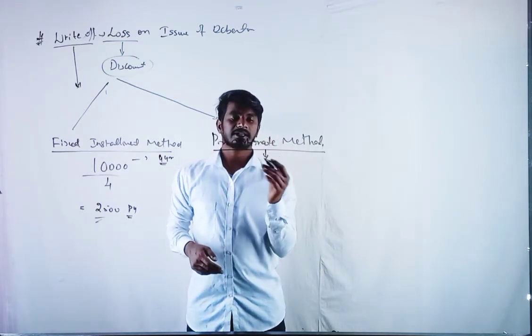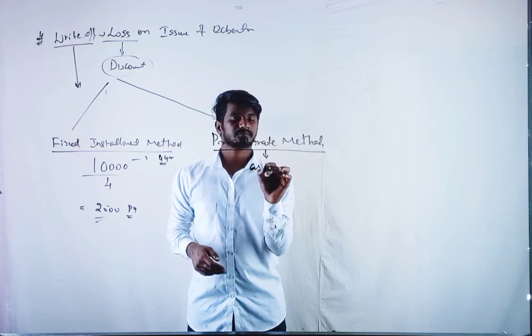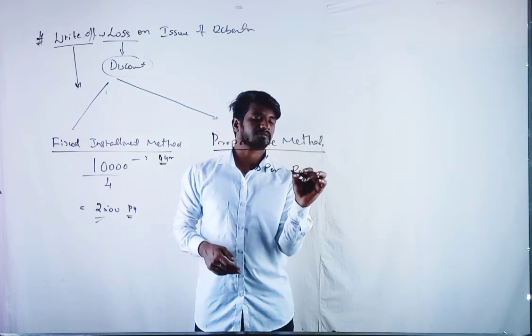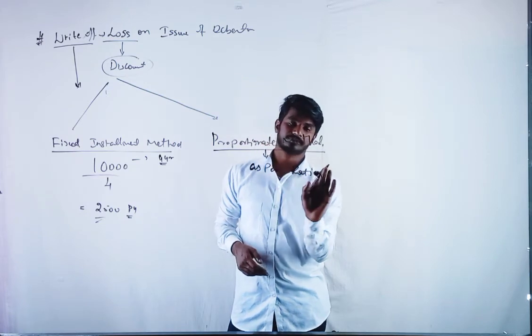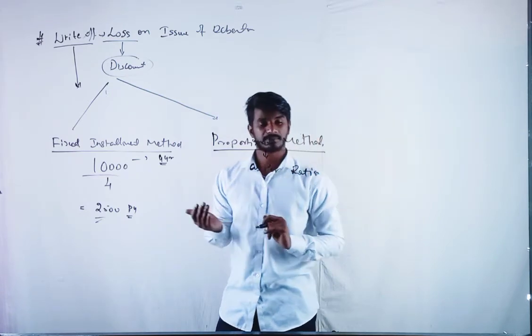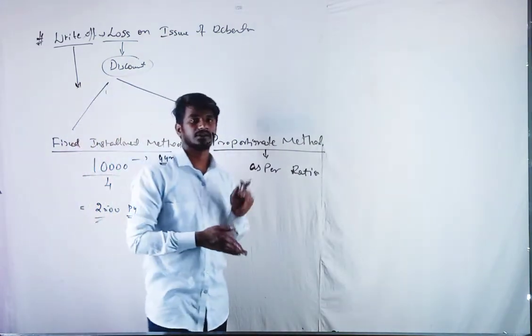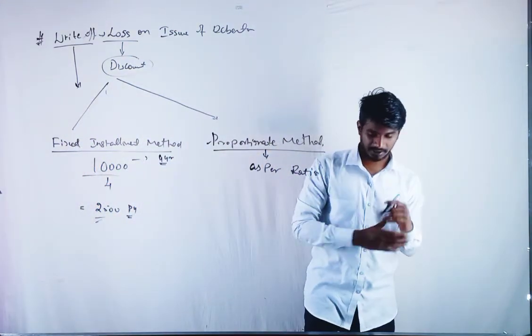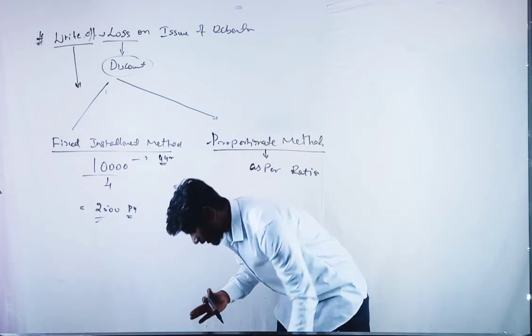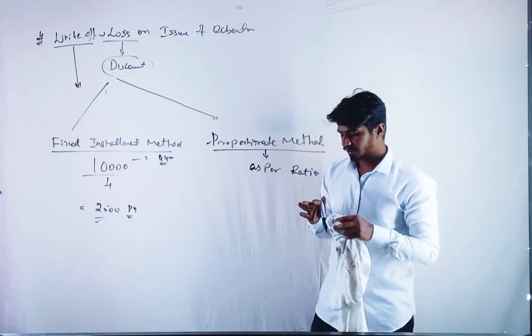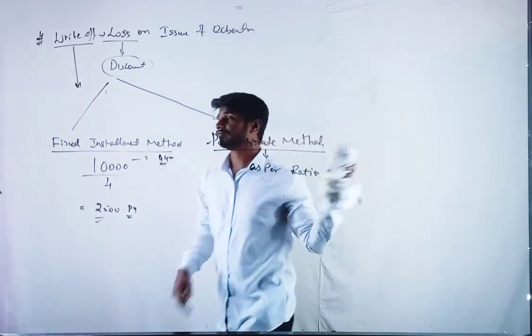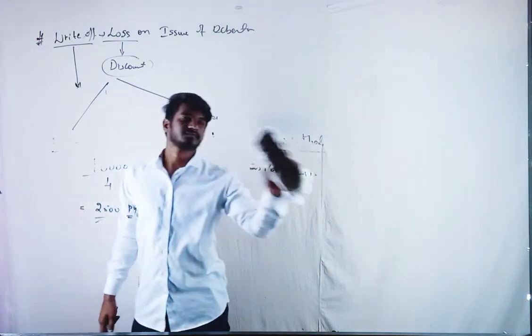Proportionate method means we will write off as per ratio, that we will see in the question. You will better understand there itself. So let us do a question for both.